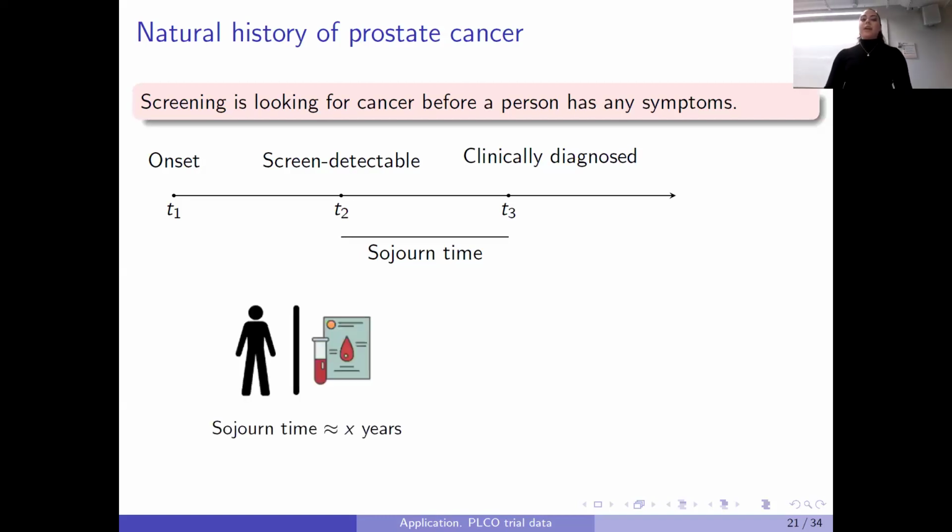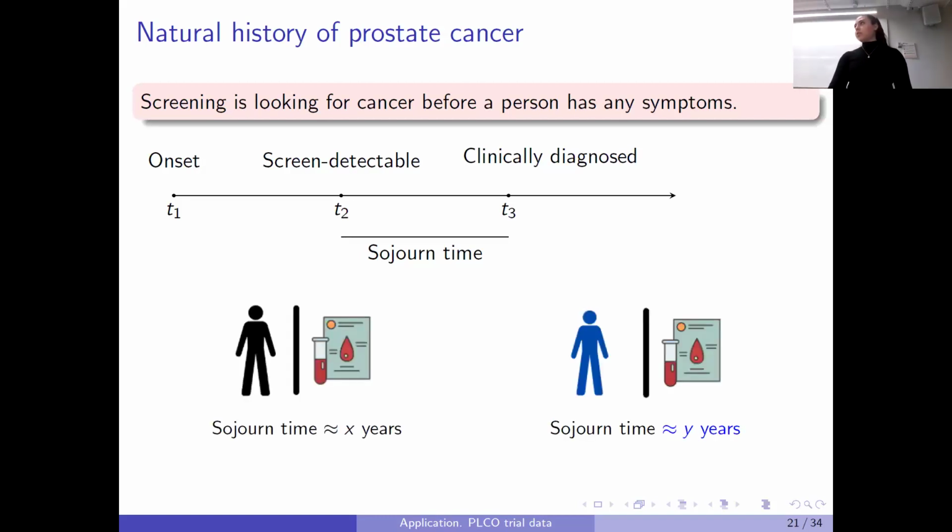So that's what we're aiming to model: to estimate how long the patients spend in the screen detectable phase before transitioning to a clinically diagnosed phase, and how we can use the PSA value to inform how long they're going to spend. So how it affects the sojourn time, basically.